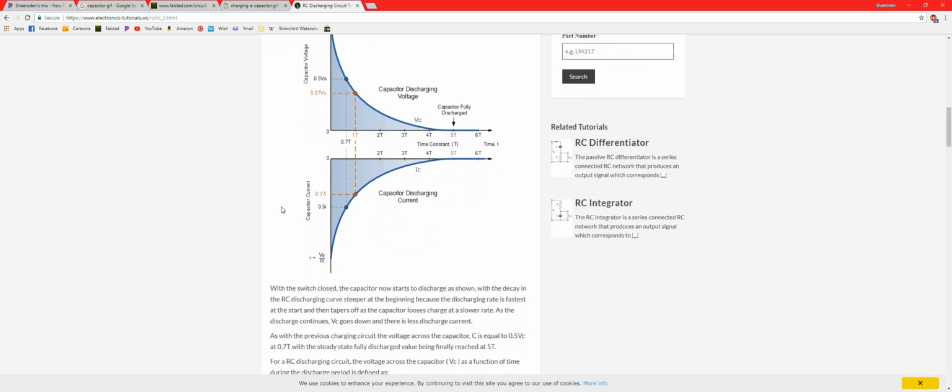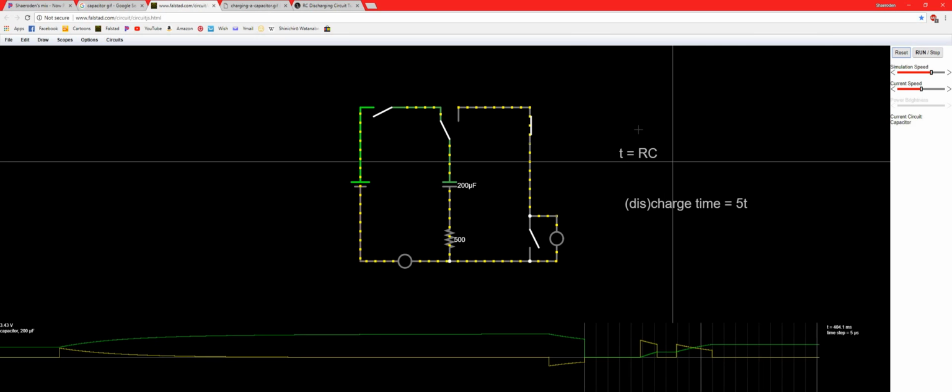The more voltage a capacitor builds up, the harder it is to force current through it. So we can see our current decreasing, approaching 0 as the capacitor charges up, while our capacitor approaches maximum voltage, or minimum voltage in this case. And as always, it takes 5 time constants to do that. The time constants are calculated by RC.